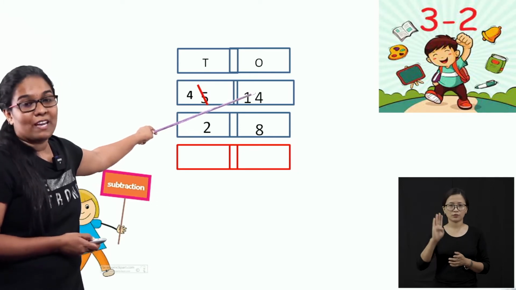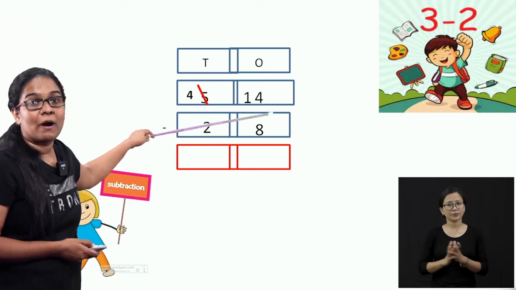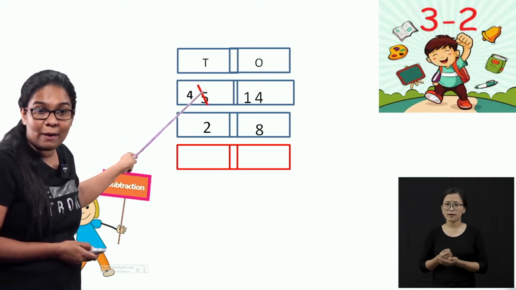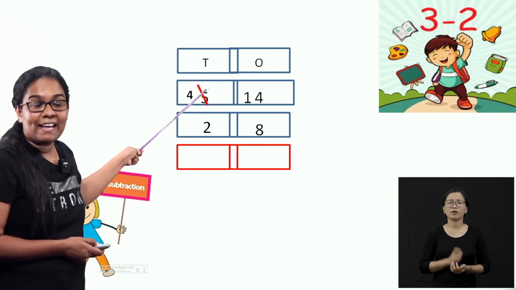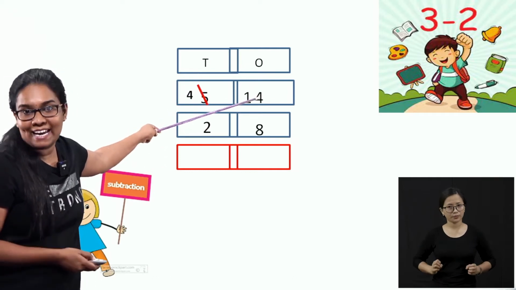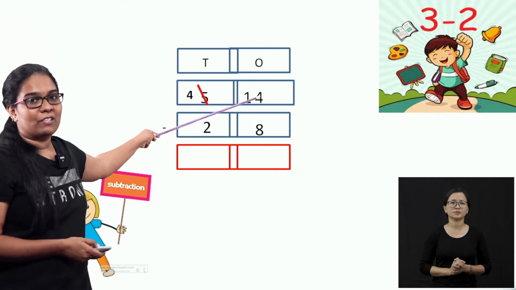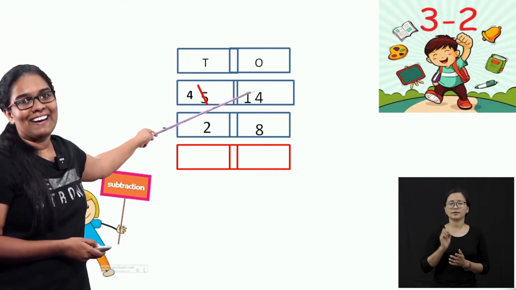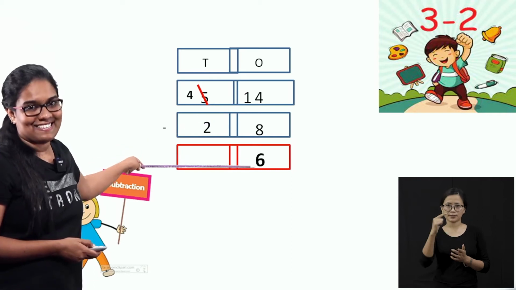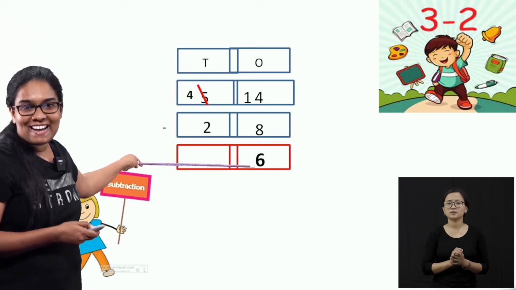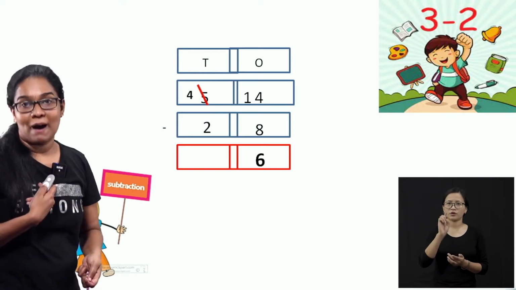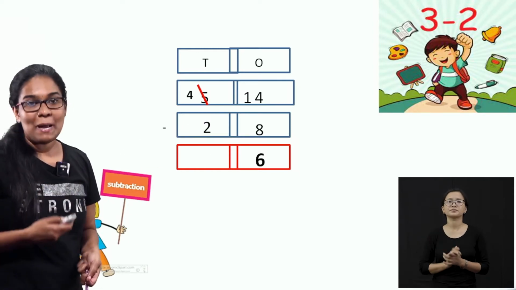We can't subtract 8 from 4, so we borrow a 1 from this 5. Then the 5 becomes 4 and the 4 becomes 14. Now we can subtract 8 from 14. First, you keep 14 in your mind. 14 is a bigger number.